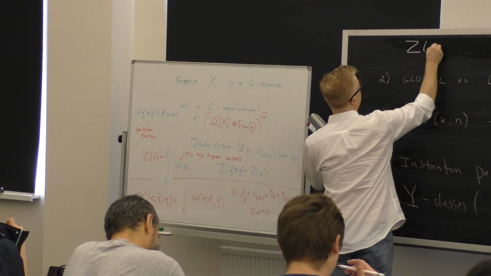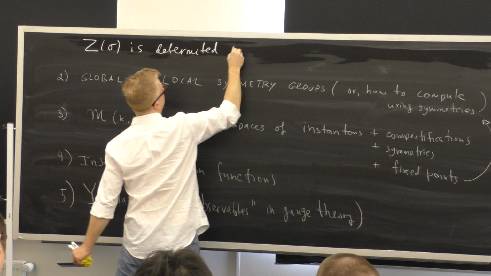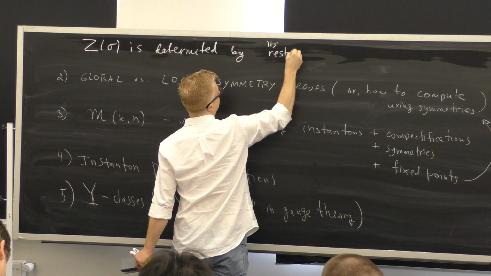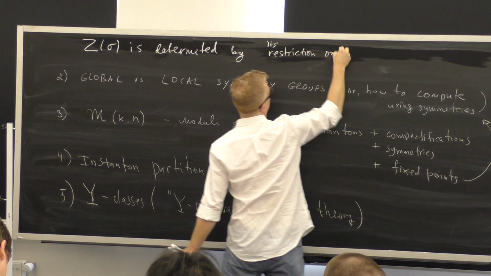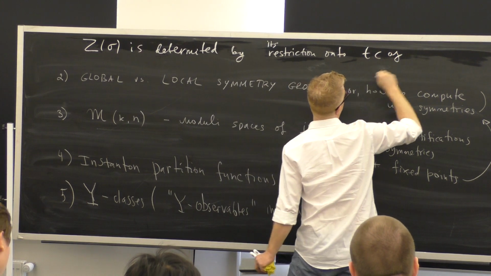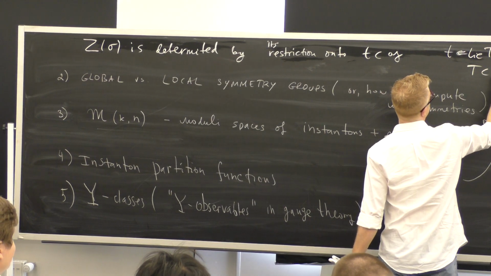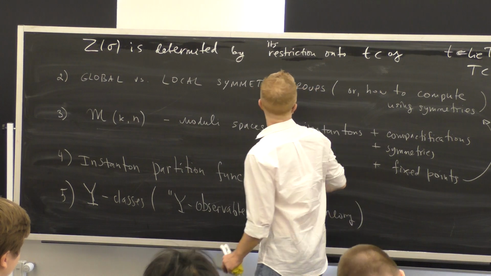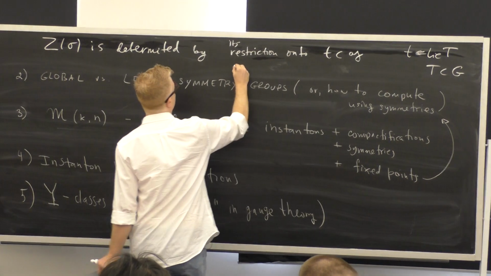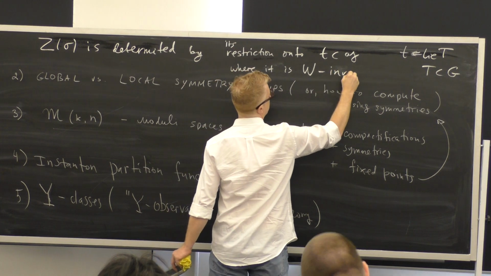So Z of sigma is determined by its restriction to the maximal torus. I have a slightly unconventional notation for the maximal torus. So T is the Lie algebra of a maximal torus of G, where there is still some remnant of this condition, which is the Weyl invariance.